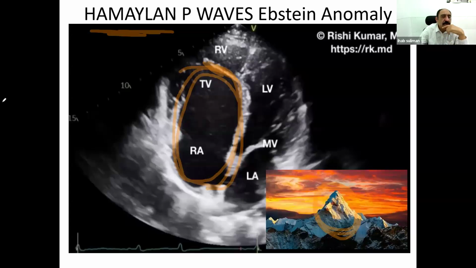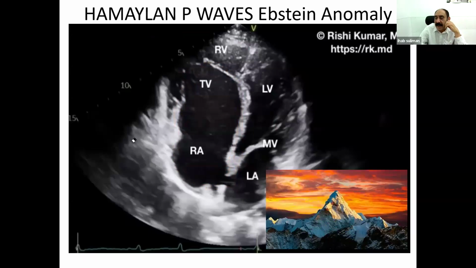So this is a huge P wave, right-sided atrial enlargement due to congenital heart disease of Ebstein anomaly, which is a rare anomaly, but it can be associated sometimes with WPW syndrome, sometimes with other congenital heart disease.